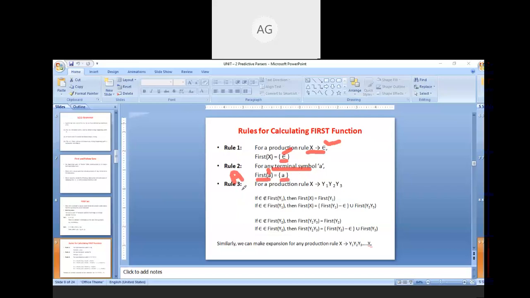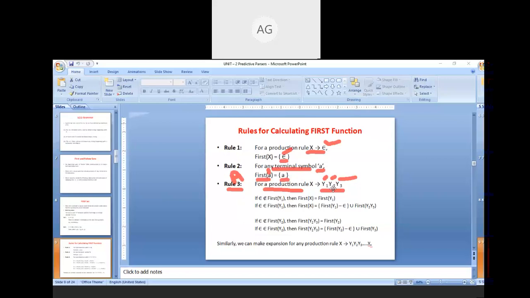Then rule number three, for a production rule X produces y1, y2, y3, and these are all non-terminals, not the terminals. Because if we get the terminal at the first, then that terminal is included in the first of that non-terminal.